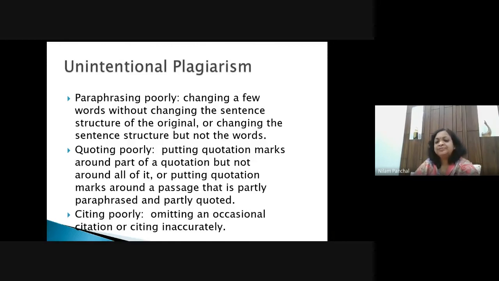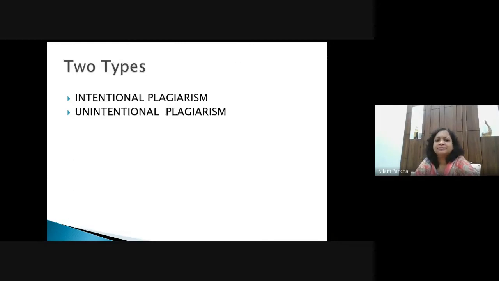Second is quoting poorly. So, putting quotation marks around part of the quotation but not all of it, or putting quotation marks around a passage that is partly paraphrased and partly quoted, or citing poorly, that is, omitting an occasional citation or citing inaccurately, right? So that is important.